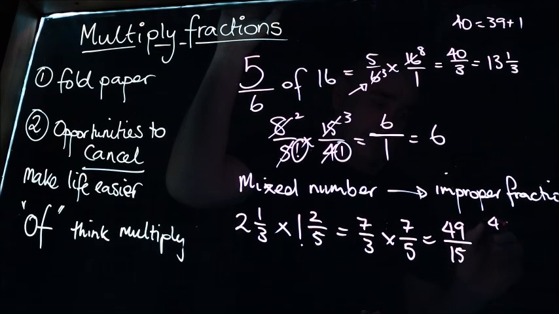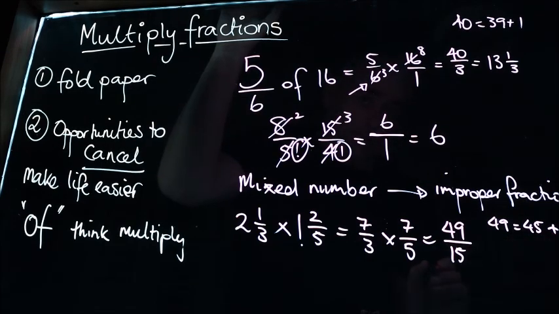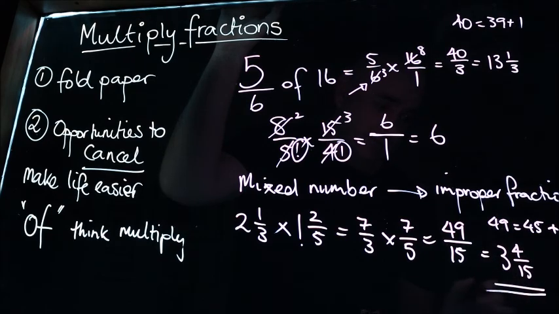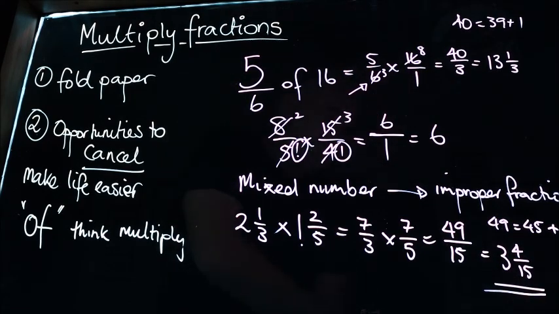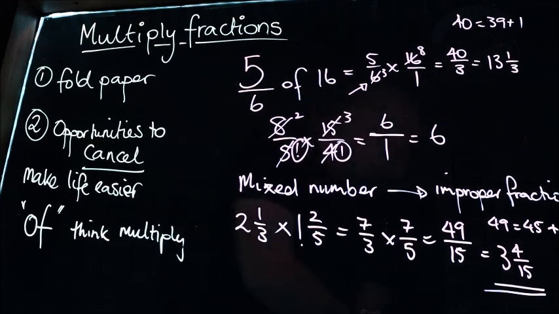And that 49 I'm thinking about as 45 plus 4. So my final answer down here will be 15 goes into 45 3 times, and I've got 4 left over, 4/15, and there's my final answer. I've converted it back into a mixed number at the end.